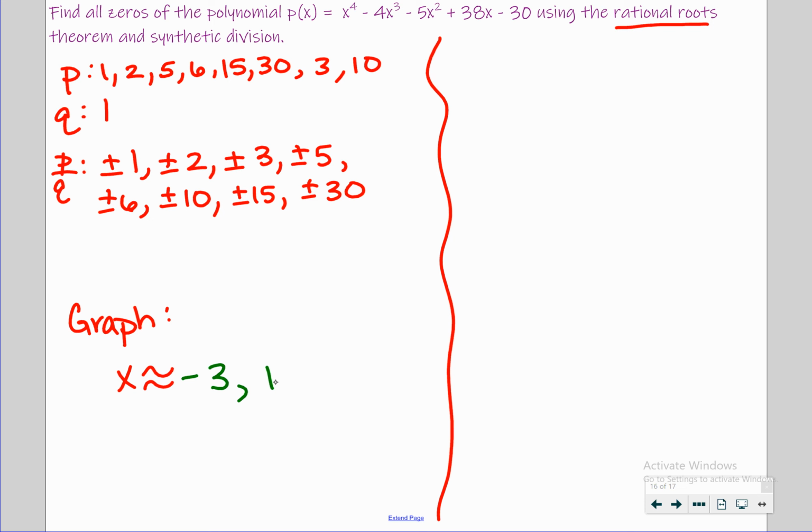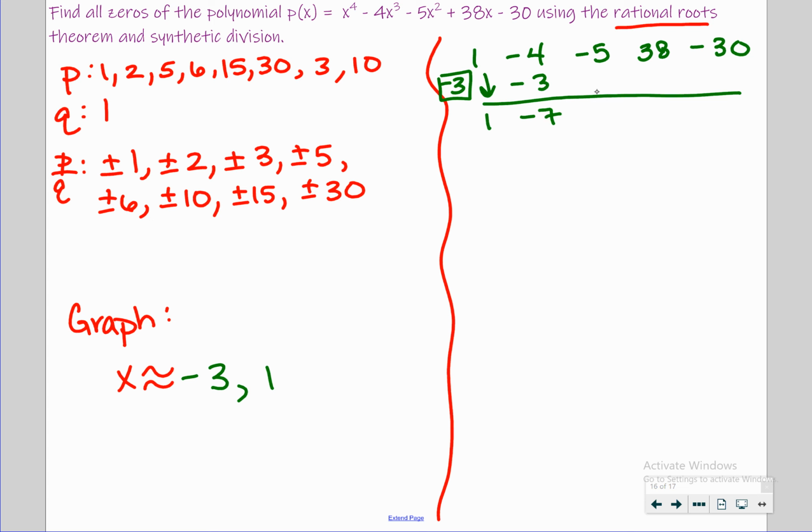All right, so let's try it. I don't think I'm missing any terms here again, so I don't need any zeros for my synthetic division. All right, let's try -3, just because I have that on the list first. Bring the 1 down. -3, -7, 21, 16, -48, -10, 30, 0.